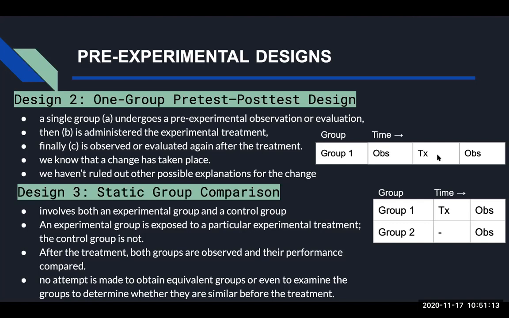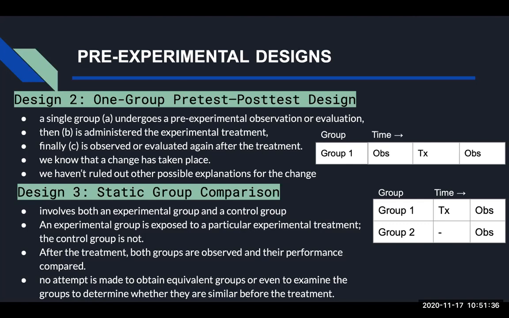And then the next design is the static group comparison, which involves both an experimental group and a control group. Its design is it will expose an experimental group to a particular experimental treatment, while the control group is not.